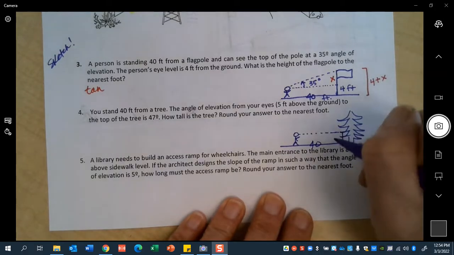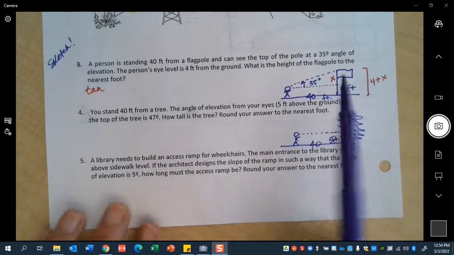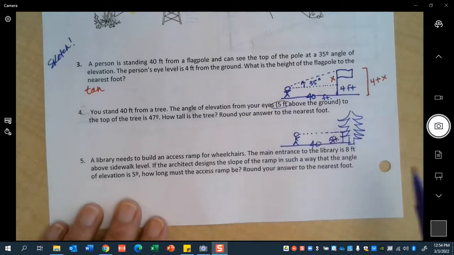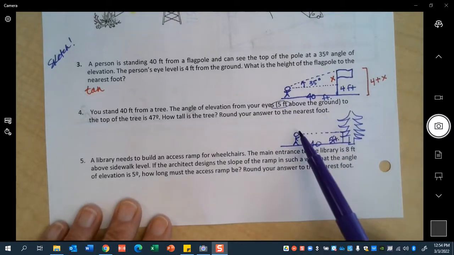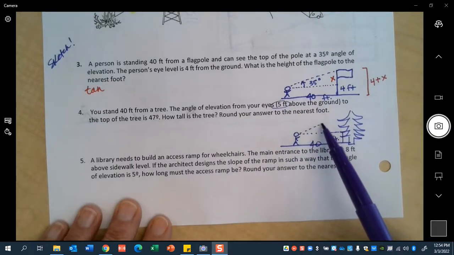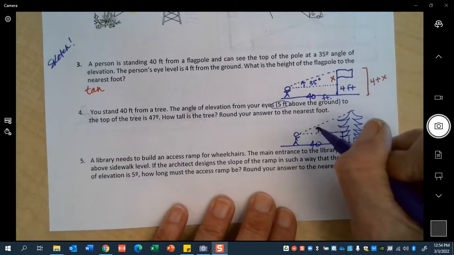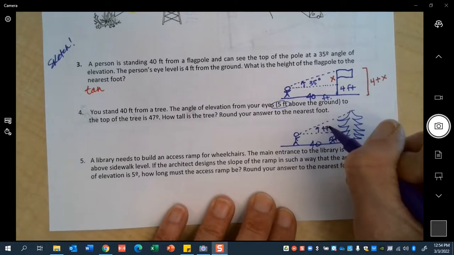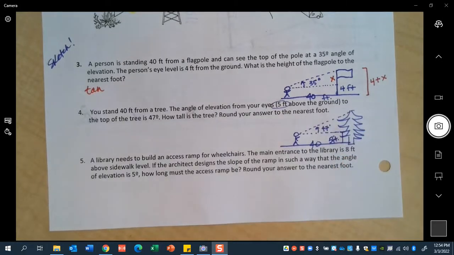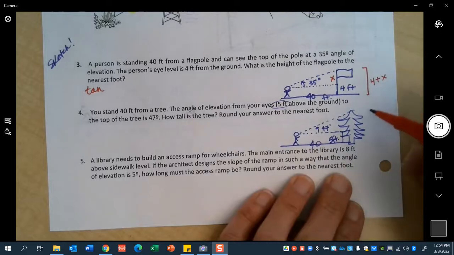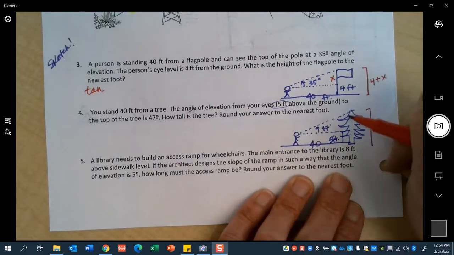Yep. And how tall am I? Wait, actually, 5 feet. What is my angle of elevation to the top of the tree? Five plus one. So your height of your tree, if we make this x, is going to be 5 plus whatever value you solve for.